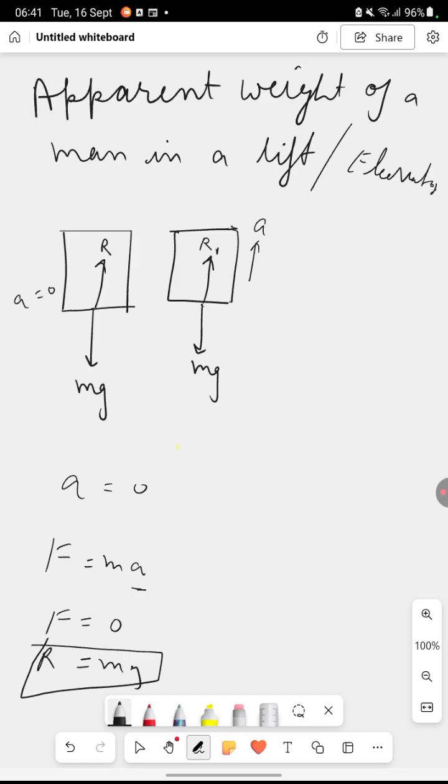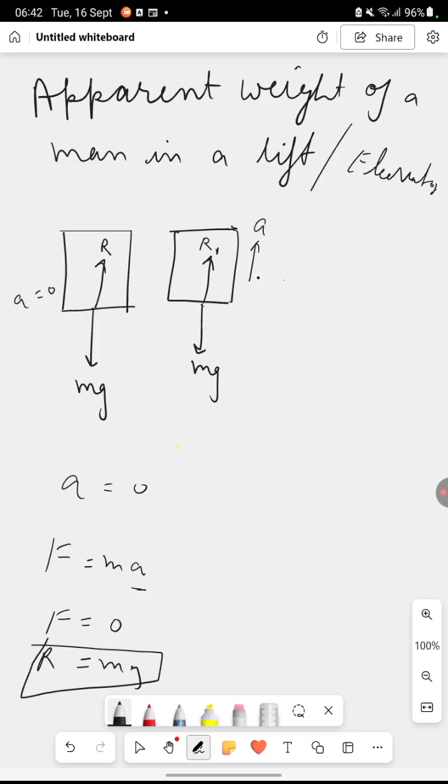Now let's discuss when the elevator is moving upward with acceleration a. The elevator is moving in the upward direction, and acceleration is in the upward direction.